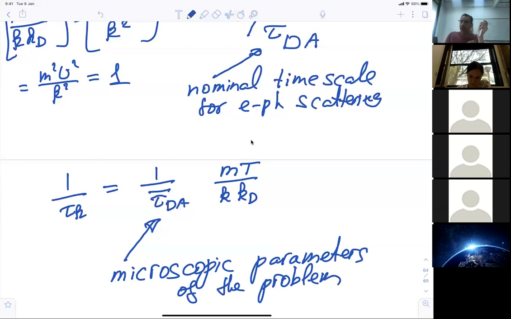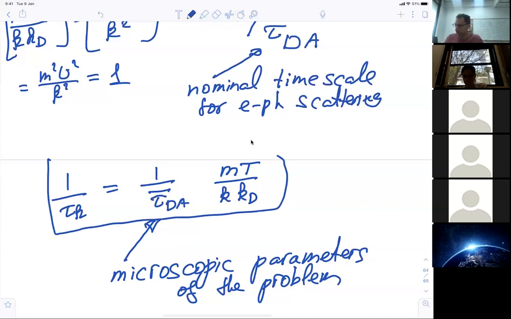And it may be that our calculations were simplistic or the model was simplistic. Nevertheless, there is one parameter which quantifies the strength of electron-phonon interaction, and it's directly measurable in the experiment. And then the theoretical prediction is that the scattering rate at high temperatures is proportional to temperature.